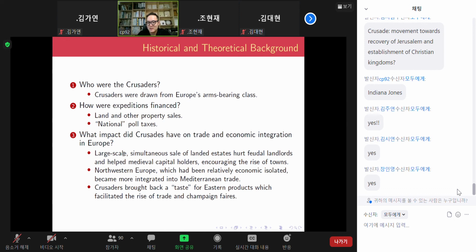Okay. So think about why we're going over this material, right? Some of you might be interested in Crusades, that's fine. But even for those of you who couldn't care less about Crusades, what you need to understand is that the rise of Europe is crucial for understanding where economic theory comes from, because modern economic theory, and microeconomic theory in particular, is coming from the foundations of market economy based in Europe.